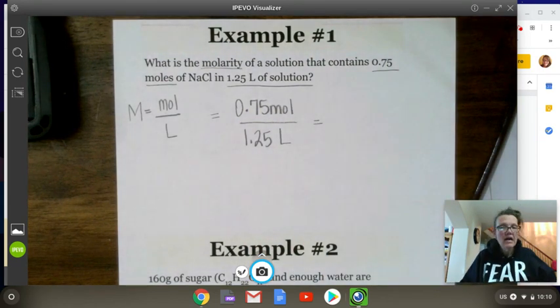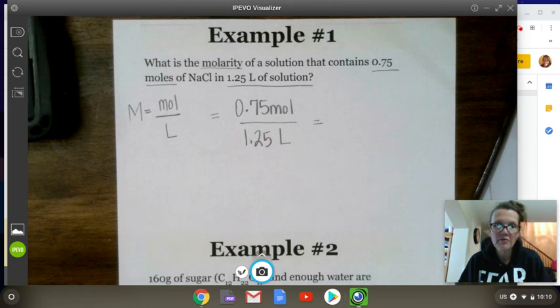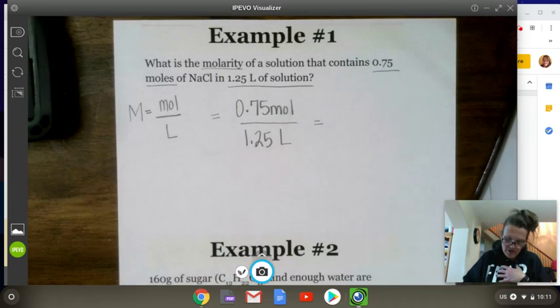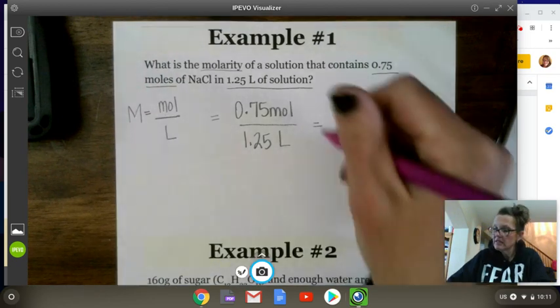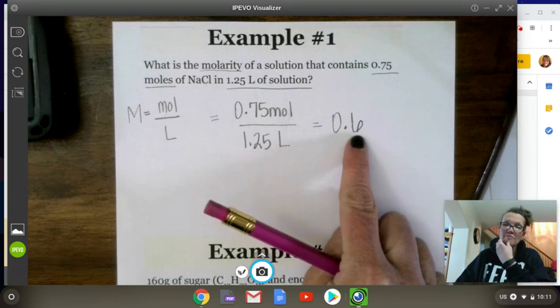In terms of what you have to show on your paper for credit, I need to see you plugging the numbers into the appropriate spot in the equation. You would need to have at least this on your paper plus your answer. So 0.75 divided by 1.25 equals 0.6. And again, we just calculated the molarity.